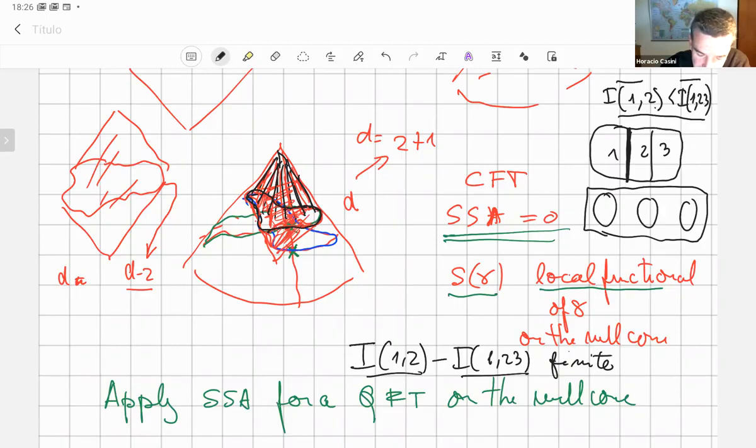There is some failure of reconstruction of the state from its partial states. So there may be something related to that, but to my knowledge, nobody has clarified that. Thank you.